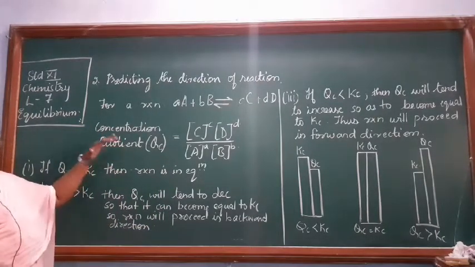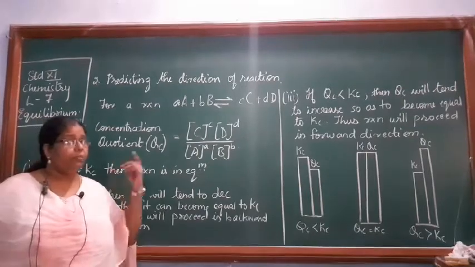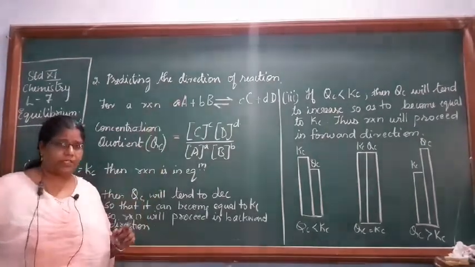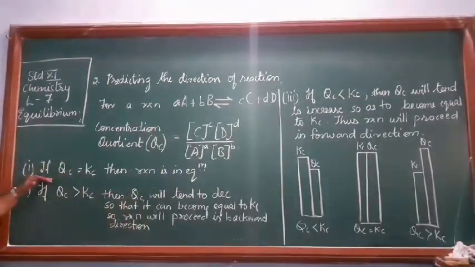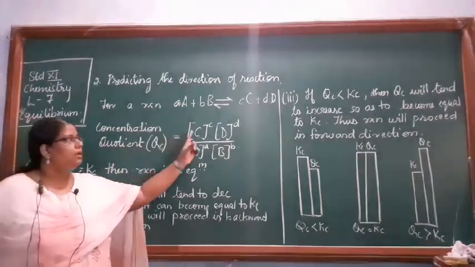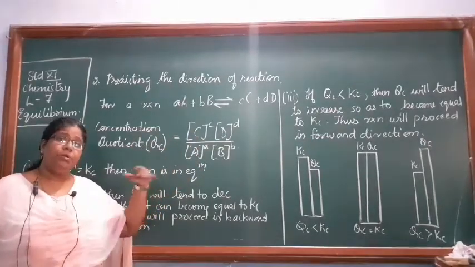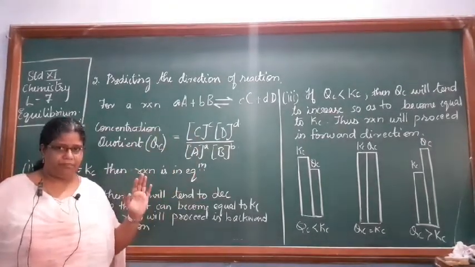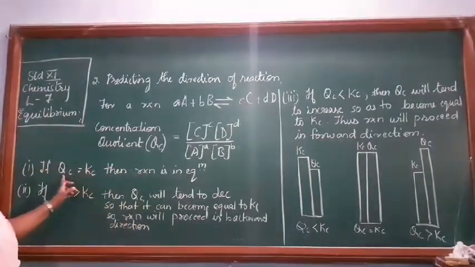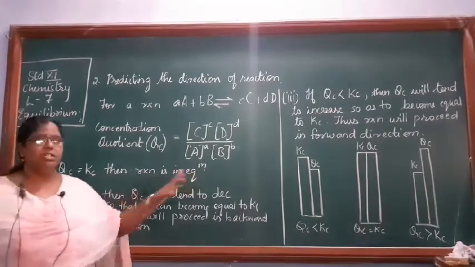So this is the formula to find the concentration quotient. When we compare the concentration quotient and the equilibrium constant, we can predict the direction of the reaction. How? We will see. If QC, the concentration quotient, जहाँ पे हमने reactants और products का concentration का measure किया है before attaining equilibrium, is equal to Kc, then the reaction is in equilibrium.